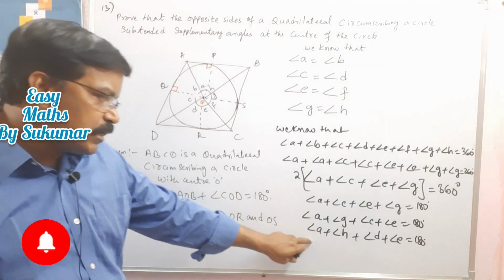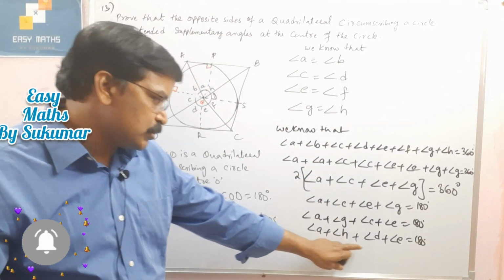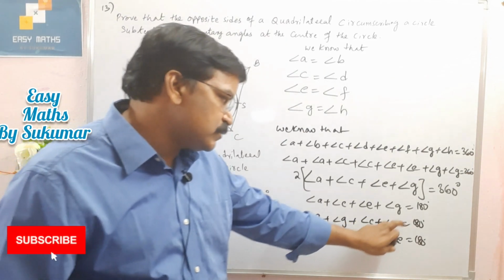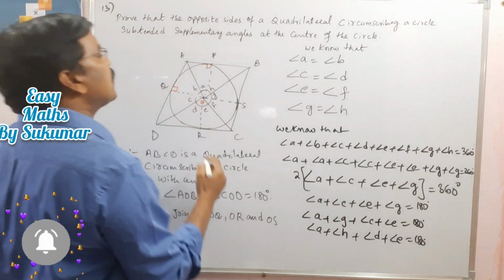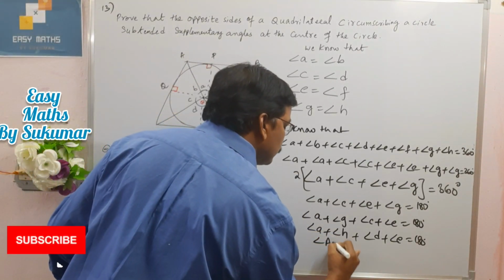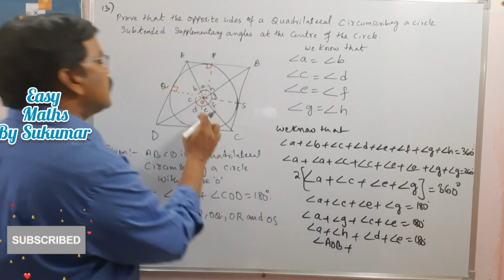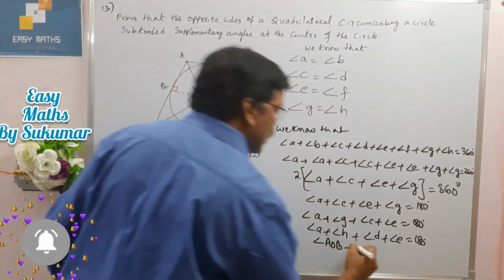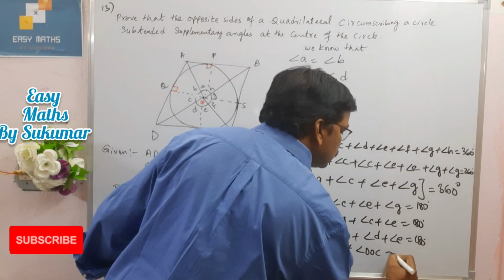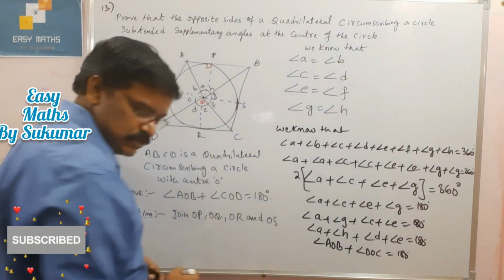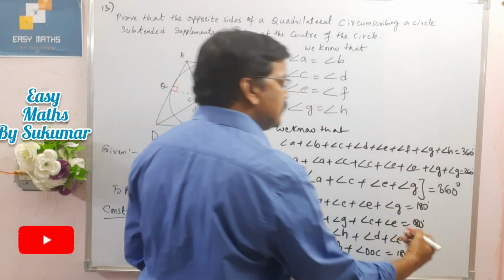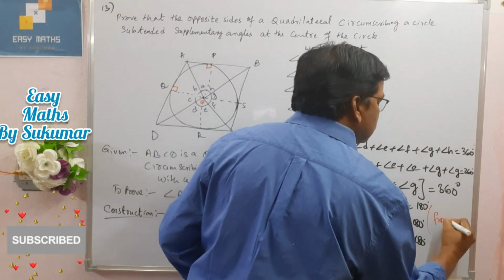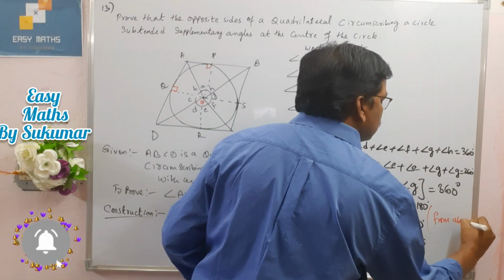So here angle A plus angle G means angle H, angle C means angle D, just write angle E, is equal to 180 degrees. So what is angle A plus angle H? That is angle AOB. And what is angle D plus angle E? That is angle DOC. So it is equal to 180 degrees. See my dear students, how can I write all this from the above equations?